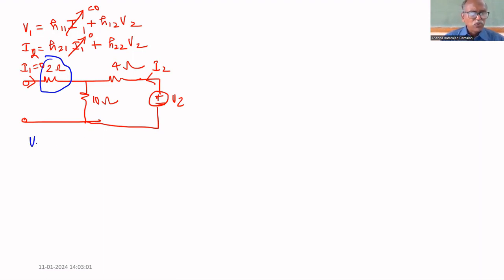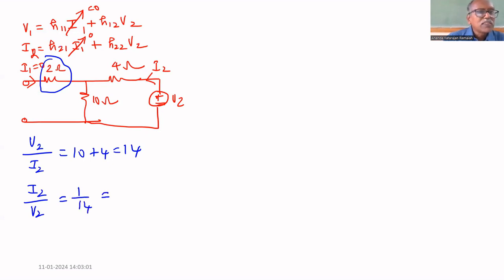Therefore, V2 divided by I2 equal to 10 plus 4, 14. Therefore, I2 divided by V2 equal to 1 by 14. Because H22 equal to I2 divided by V2, that is 0.071 mho, or Siemens.